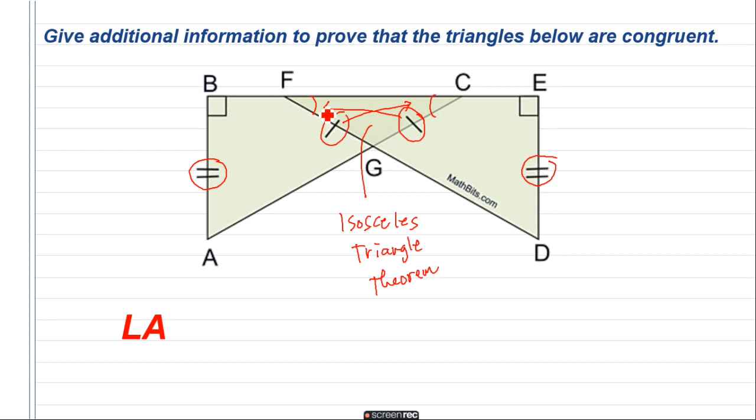So, the question is, are these angles part of the right triangles? Yes. So, let's have the additional information, our A. That's angle C is congruent to angle F. That's our additional information needed.